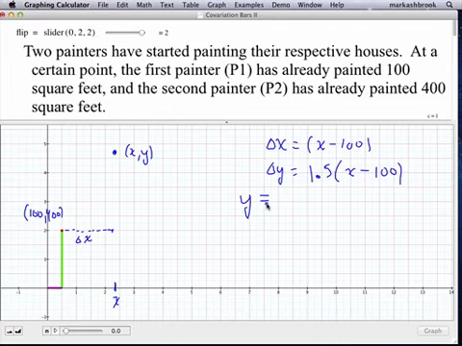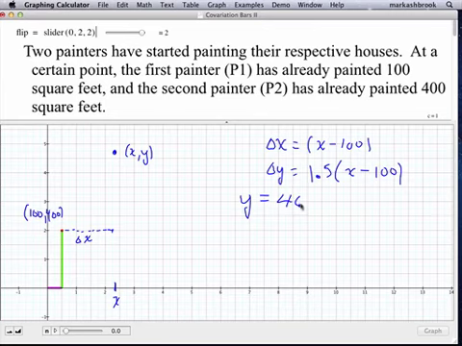Isabel. So what is this value of y? It has to be delta y minus 400. No, it'd be 400 plus the delta. 400 plus delta y. That's it. You got it. Nice.